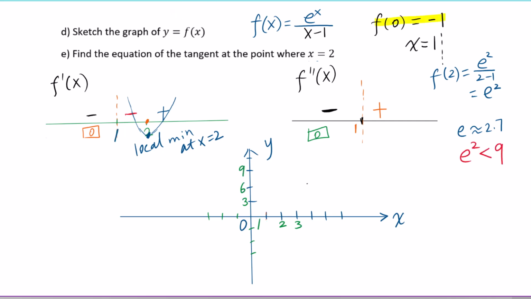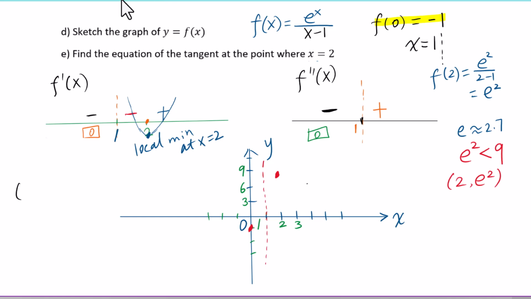Now let's locate the points and the vertical asymptote line. x equals 1 is a vertical asymptote line. e squared is less than 9, so we will get this point here. The intercept is (0, negative 1), it's here.